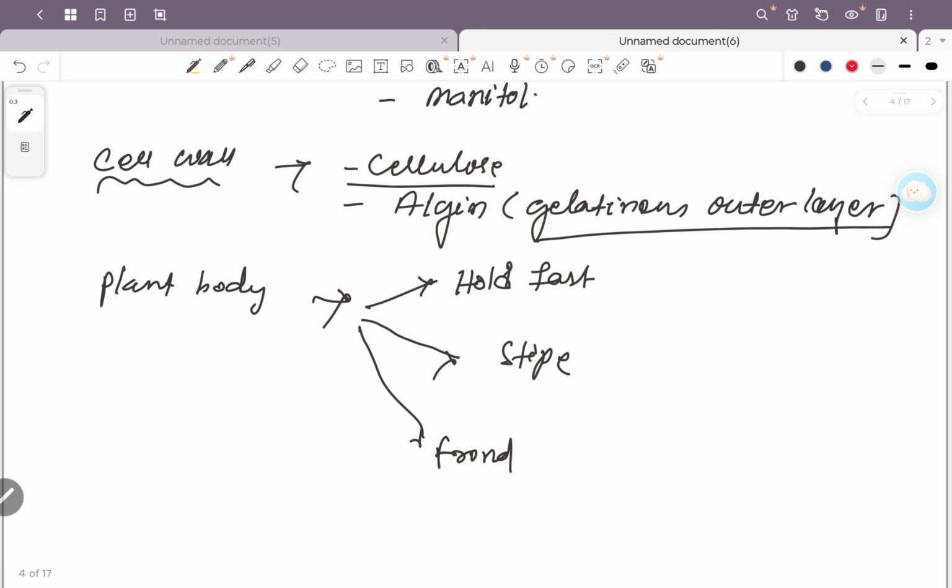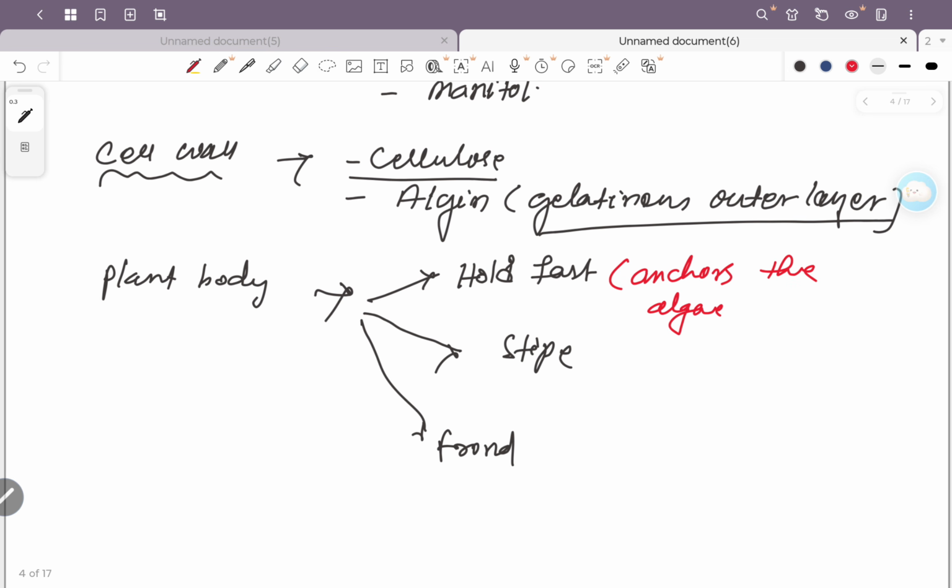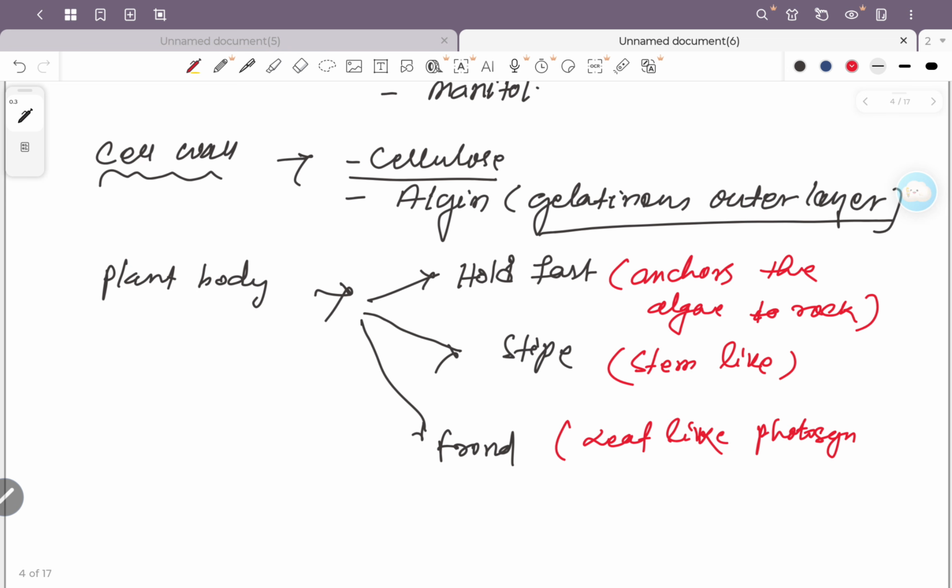The stipe is a stem-like portion, and the frond is the leaf-like photosynthetic part.